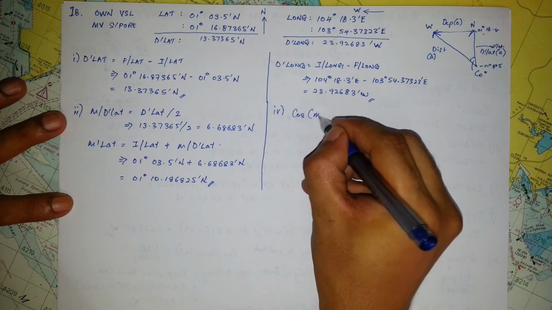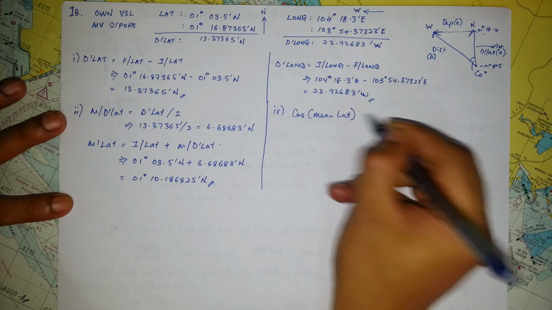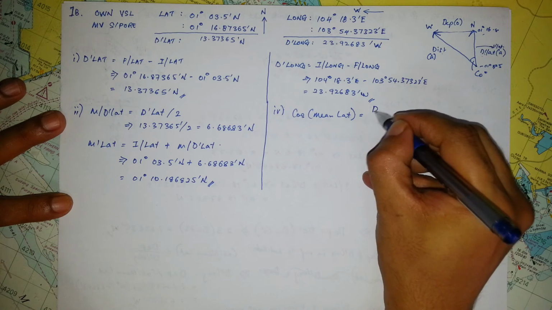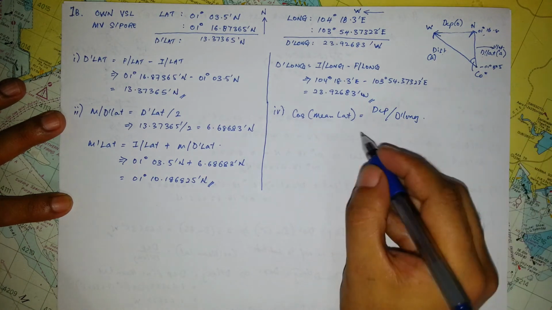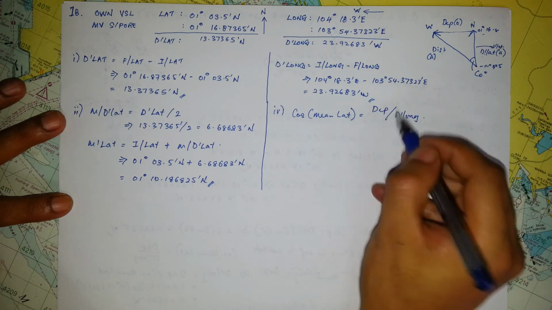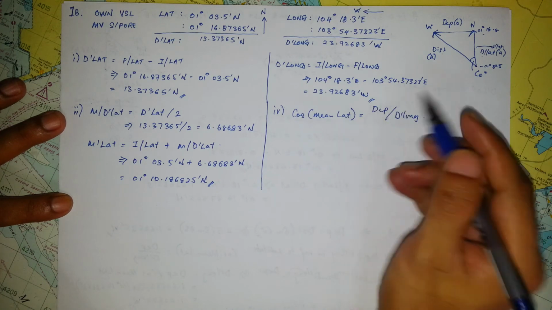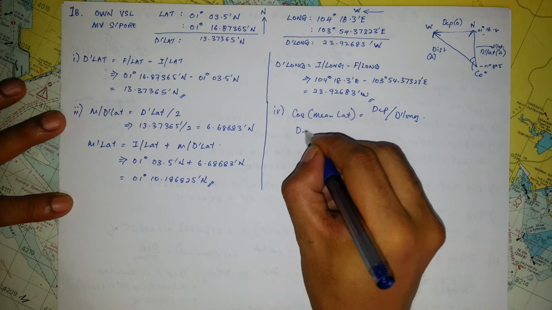The cosine mean lat is in the ratio to the departure and the D long, right? So we want to find the departure. I rewrite it.